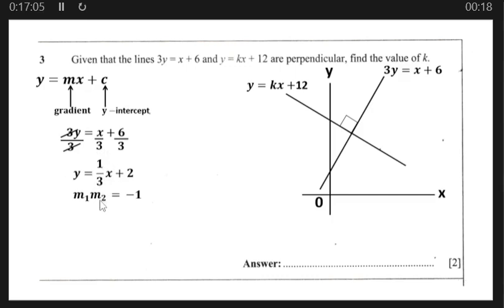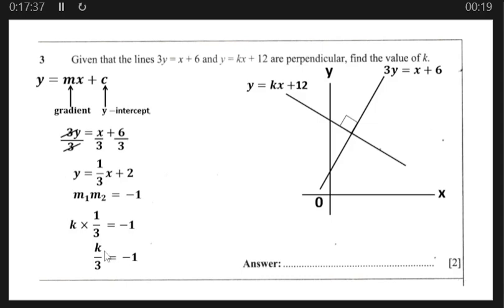So where there's m2, there's 1/3. But m1 is the gradient of this line, which is the coefficient of x, k, which we don't know. So we'll substitute: k multiplied with m2, which is replaced with 1/3, equals -1. Then k times 1 gives k/3 = -1.